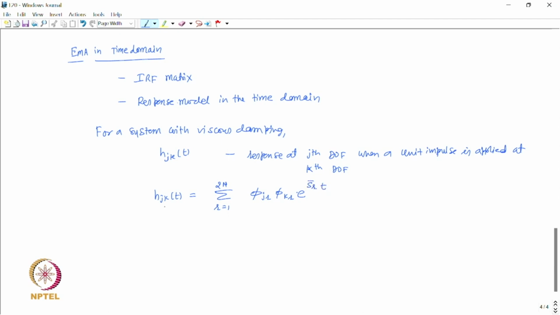And here also we see that the IRF can be obtained by measurement. So the left hand side of the equation can be obtained by measurement, and on the right hand side we have the modal parameters appearing in the expression.